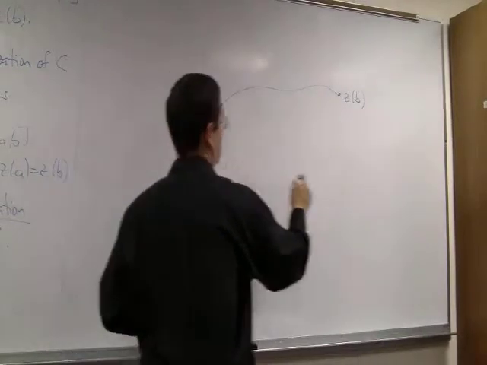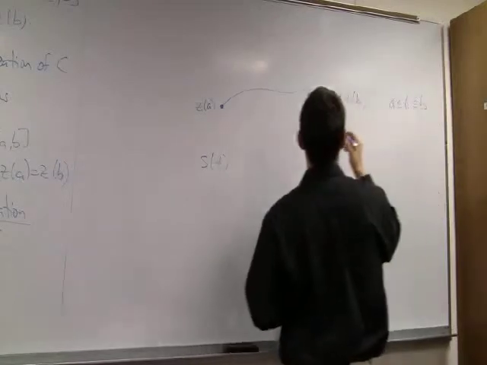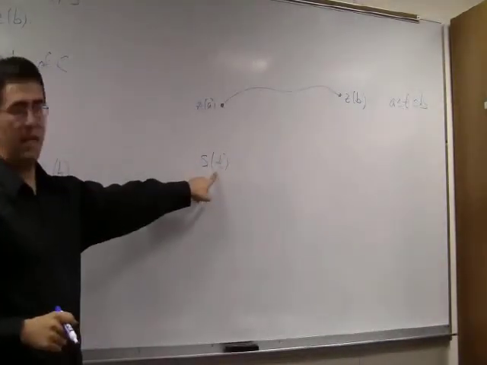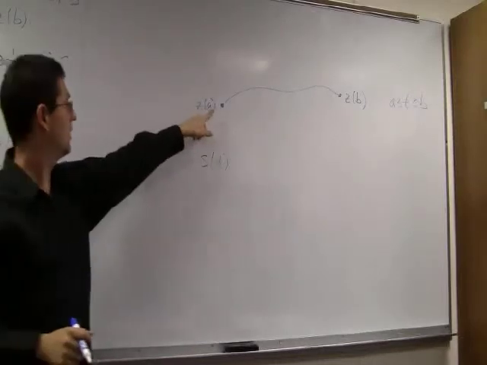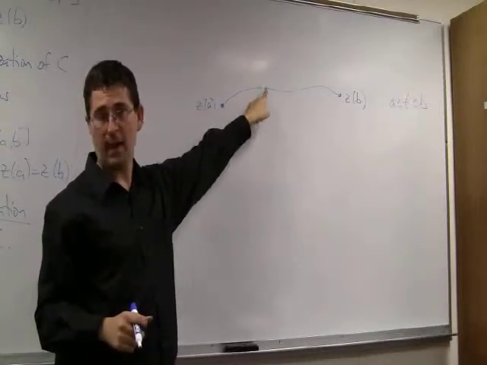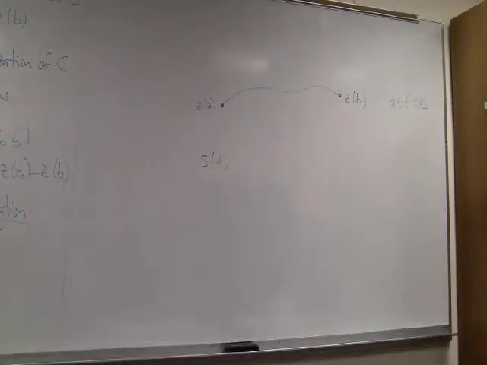S of t. Remember again, a is less than or equal to t is less than or equal to b. And S of t is going to be defined as how far you've gone along this path at time t. Okay, and I don't mean z of t, which is the point that you're at. S of t is really the arc length.